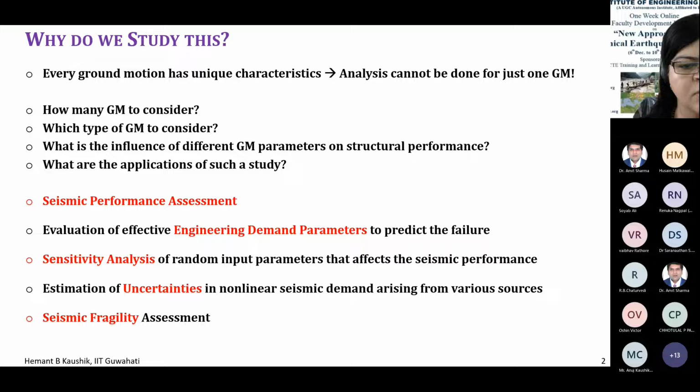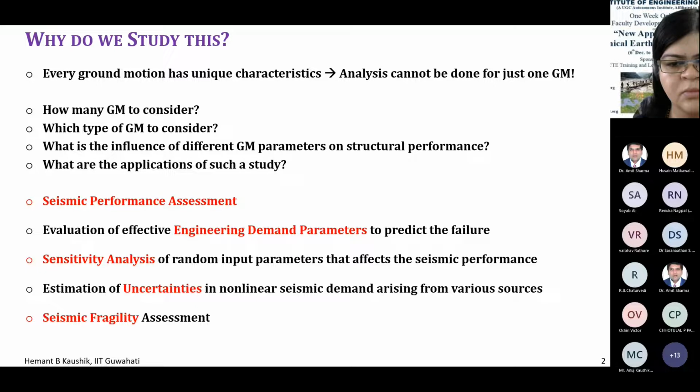So if we carry out this study, what are the applications? What is the use of such a study? These 5 applications I have noted down here. There are many more, but I will discuss these 5 applications in brief. If we want, we can have a full 5-day faculty development program on each of these applications, right?